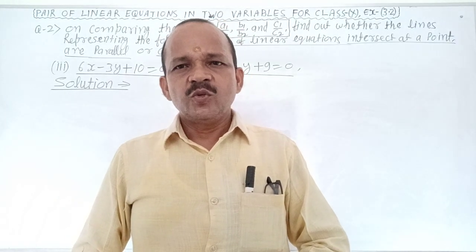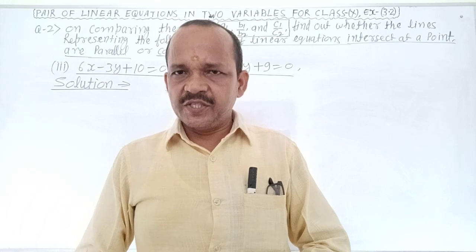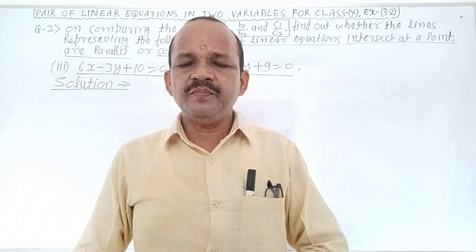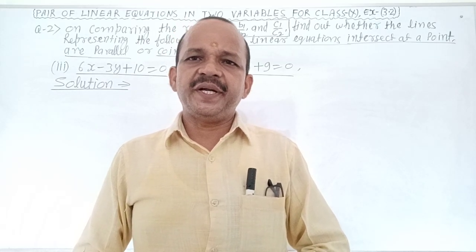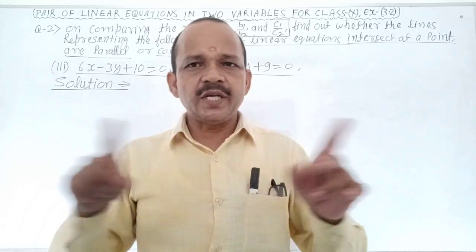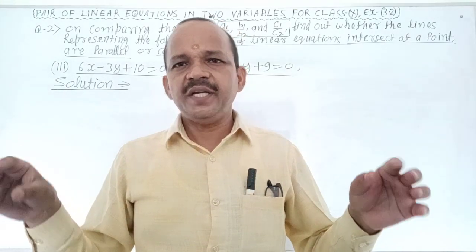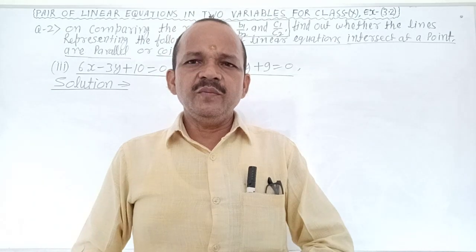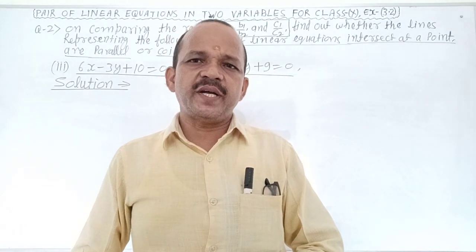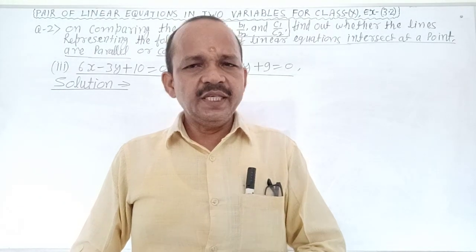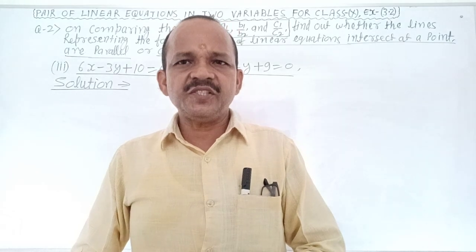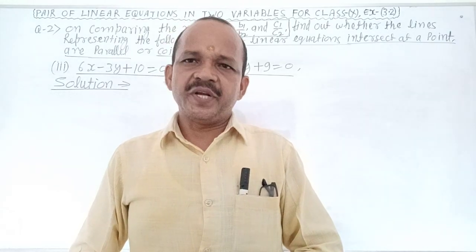Geometrical method shows consistent system, inconsistent system and consistent dependent system. It is clear, no confusion about it. Very good. If a1 by a2 is not equal to b1 by b2, then it shows intersecting lines, consistent system and unique solution.